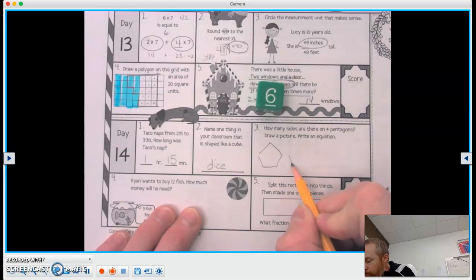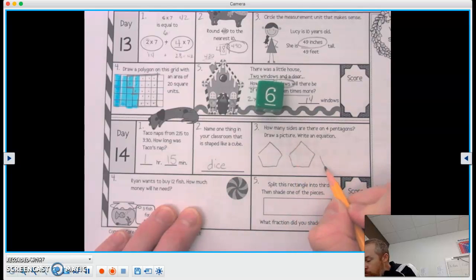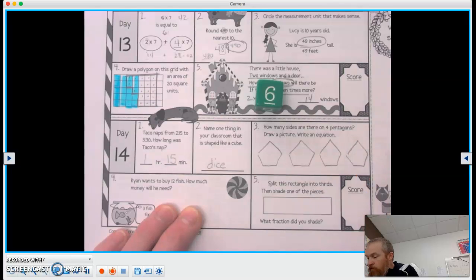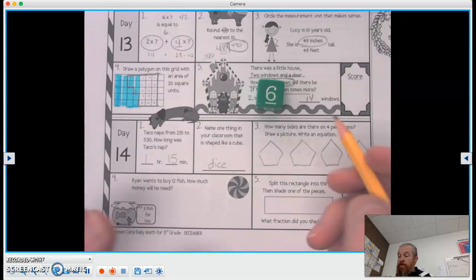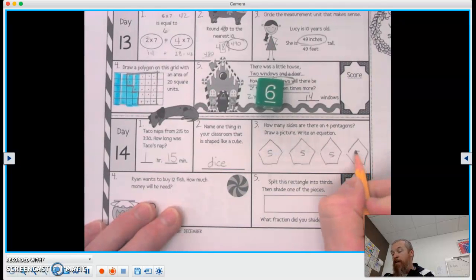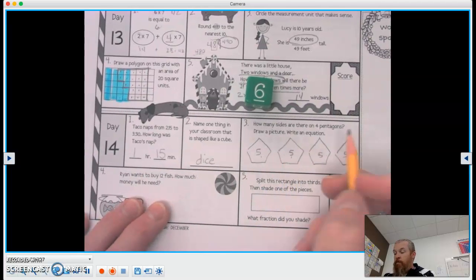There's 1, 2, 3, 4. Okay, now how many sides are there on those 4 pentagons? Well, this one has 5, and this one has 5, this one has 5, and this one has 5. 5, 10, 15, 20.